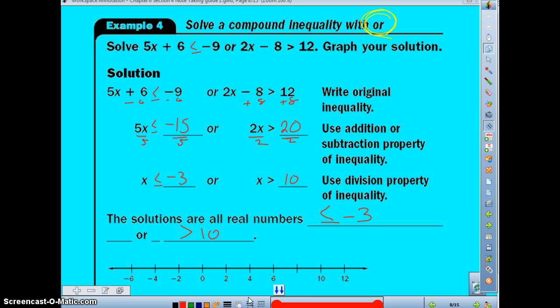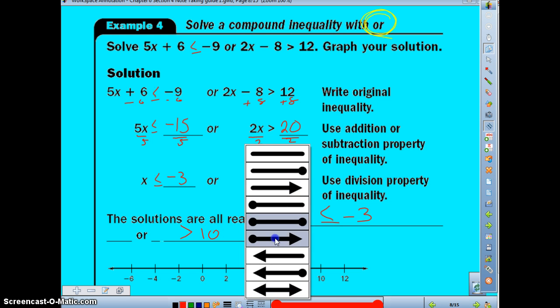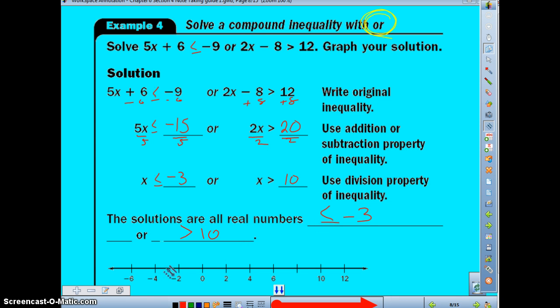When we graph this on the number line, we start at negative 3 and go that way, and then x is greater than 10 goes the other way. I forgot to do one thing: the 10 needs to have an open circle right there.